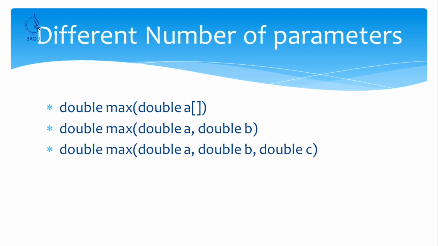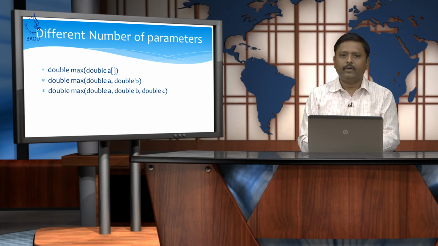Now, suppose we want to find the maximum of two numbers; we can write a second method with two parameters of type double, which returns the maximum of these two values. In the third case, there are three double variables and we want to find the maximum of three, so we can use the third method.